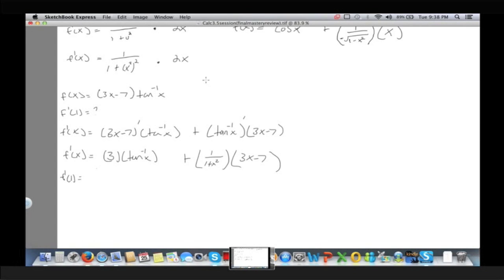Okay. Check. 3 times the inverse tangent of 1, plus 1/2 times negative 4.